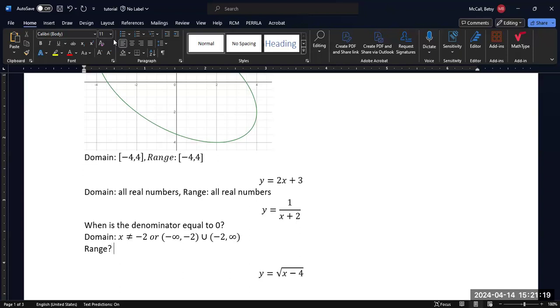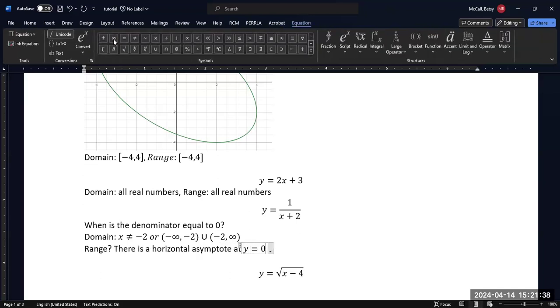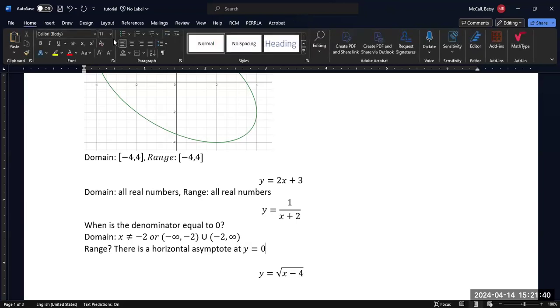Well, for rational functions, the range is a little bit more complicated, but in this case, particularly if you look at the graph of this, you can see there is a horizontal asymptote at y equals 0. And so the graph never actually crosses y equals 0.